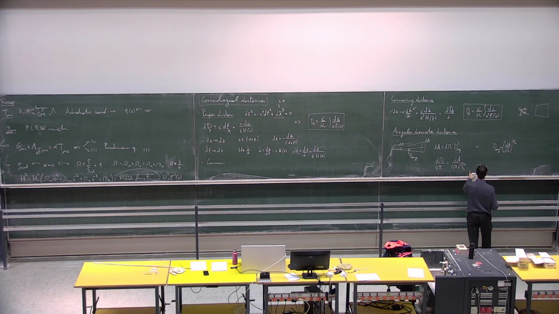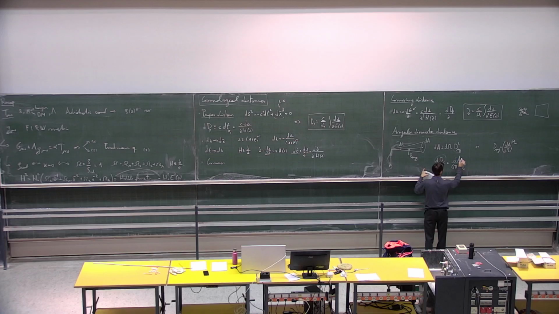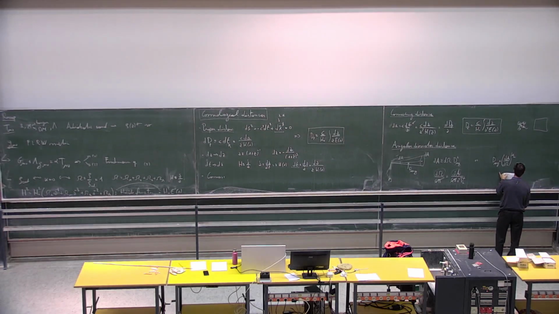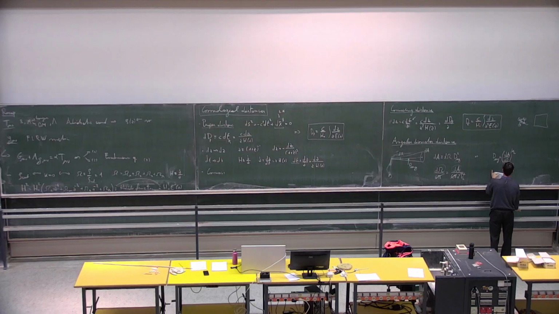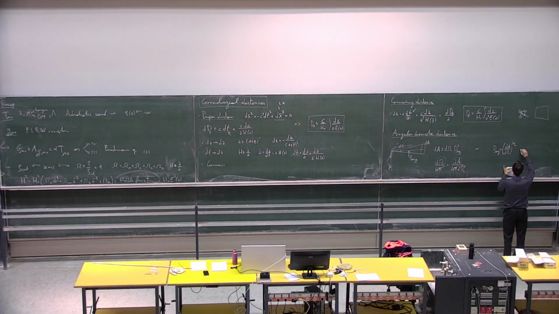Okay, nice. If we do that, at this point we have our dA over omega. I just bring this on the other side, the 4 pi goes away, this goes on the other side, and what we obtain is the angular diameter distance, which is dA equal to a times dc, with the square root, power of 2.